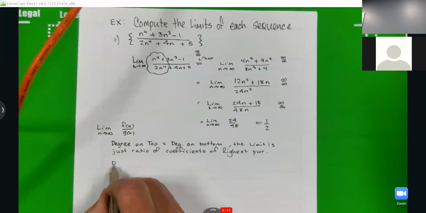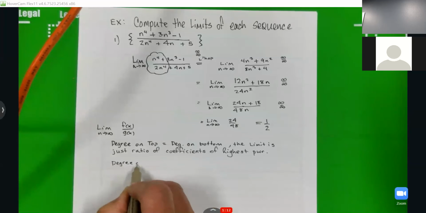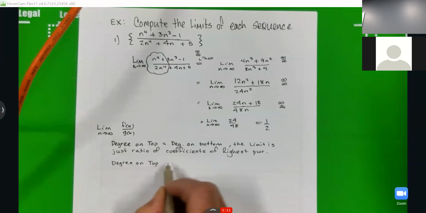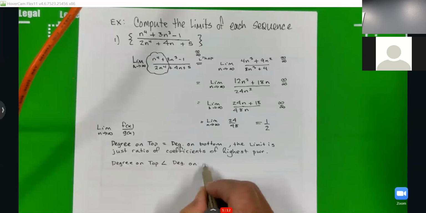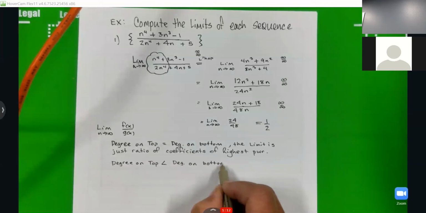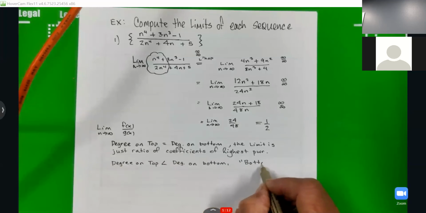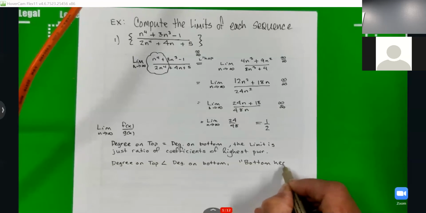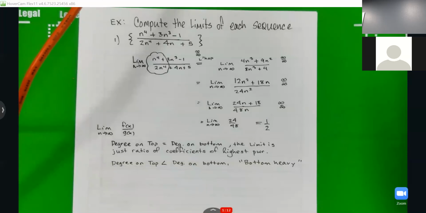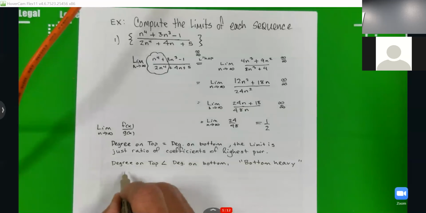If the degree on top is strictly smaller than the degree on the bottom, then I say that that's a bottom-heavy fraction, which means the bottom grows faster than the top. And if you divide by something that's getting big on the bottom, then that's going to go to 0.